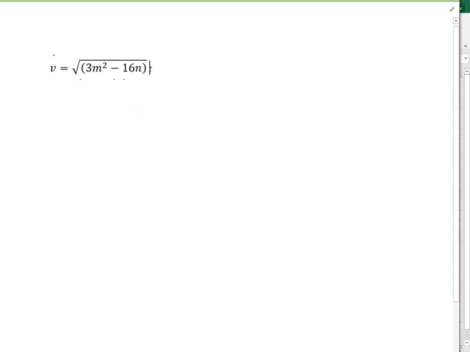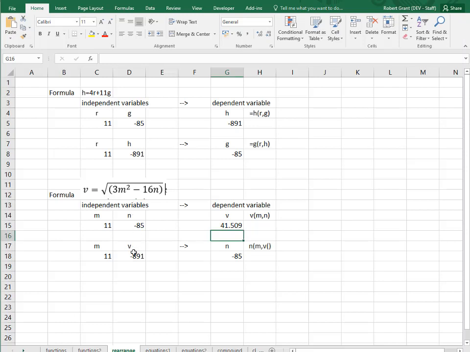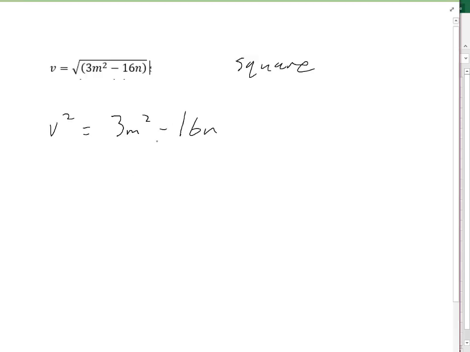So I'm going to rearrange this. So the first thing I want to do is to square both sides. So we're going to go v squared is equal to 3m squared minus 16n. Square both sides, and then what are we trying to get? We're trying to get n on its own, yes.